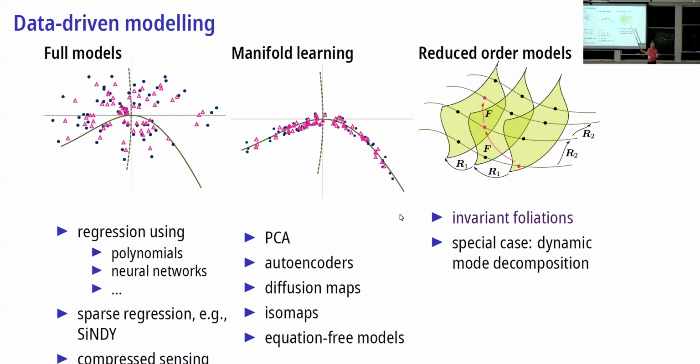A set of initial conditions lies on one surface, and then it's being mapped to another one. These surfaces are mapped into each other, and that makes them invariant. So this is what I'm going to talk about now. This map can be nonlinear, and when it's linear, that's dynamic mode decomposition, or a Koopman mode.